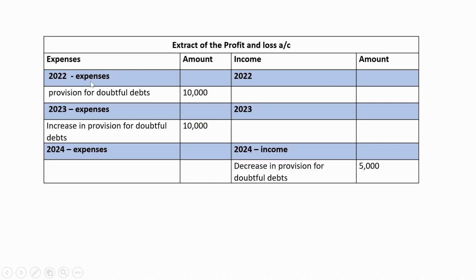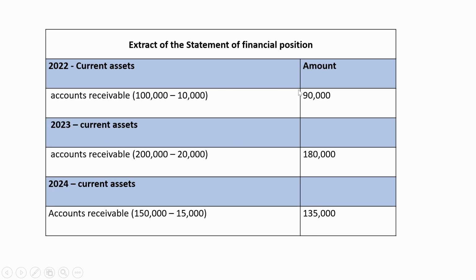So just show the year and the category where the item falls. So the item falls under expenses, apart from when there is a decrease where it falls under the income. So now we can proceed with the next one, that is the extract of the statement of financial position.